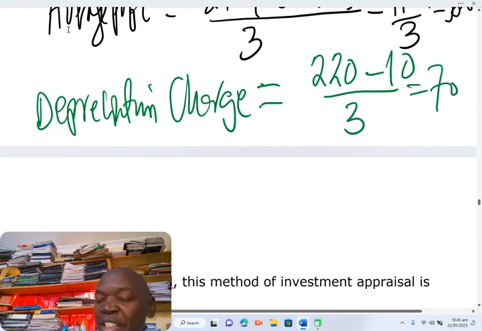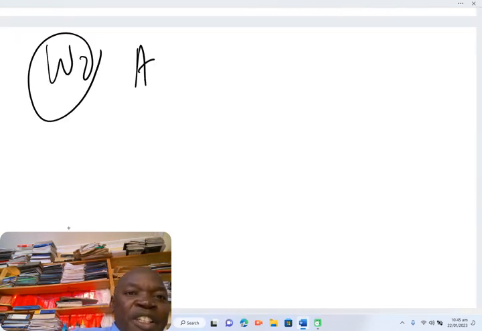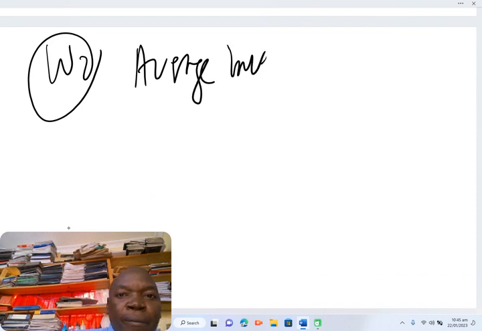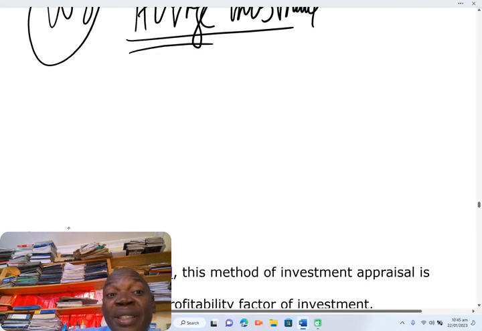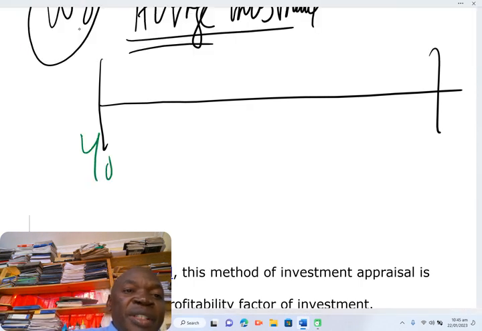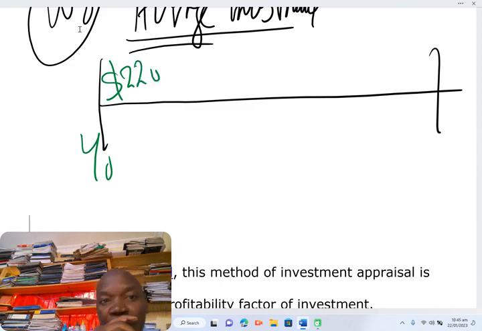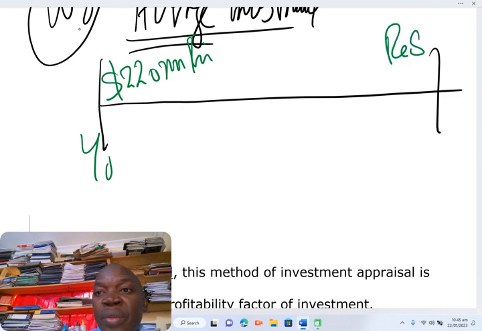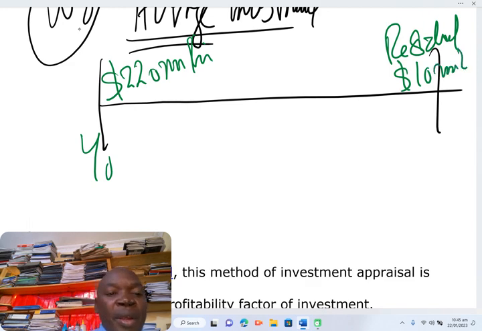Now, how do we get the average investment? This is where a problem comes. Working 2, average investment. This project has 3 years, and we had an initial investment in year 0 of $220 million, and the residual value is $10 million.